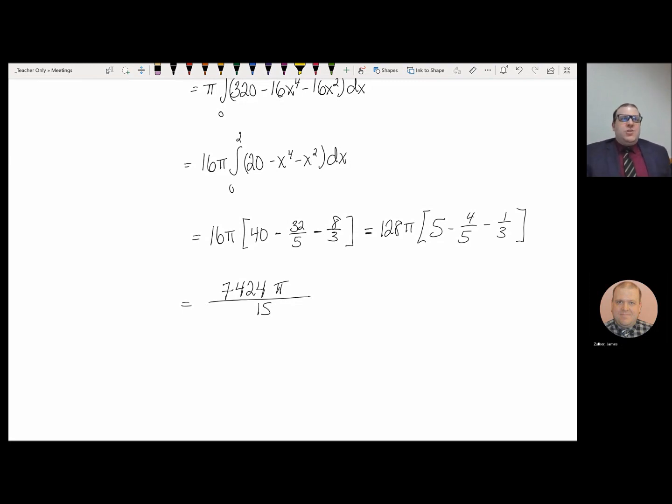Disk and shell are strictly for horizontal or vertical lines, not some sloped line. I don't know if that's ever covered in the calculus sequence. You can get surfaces that way, but I have no idea how because I never studied it.